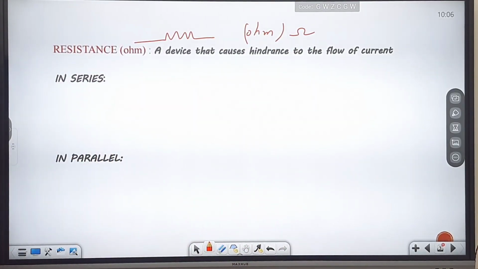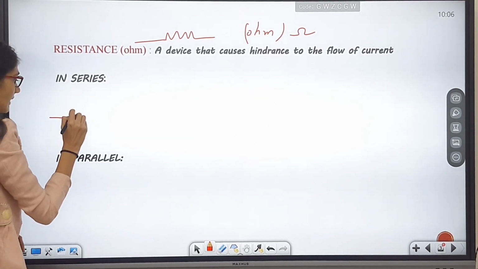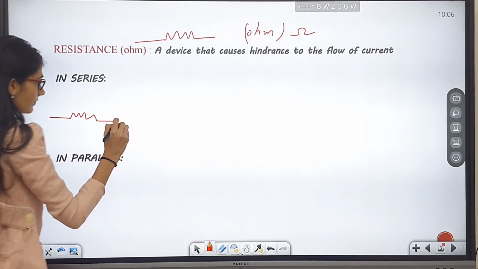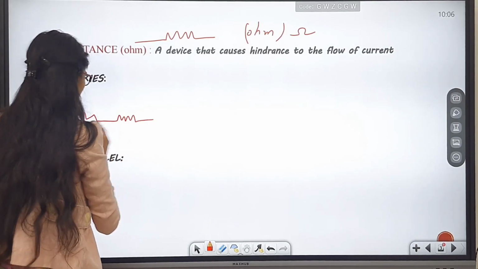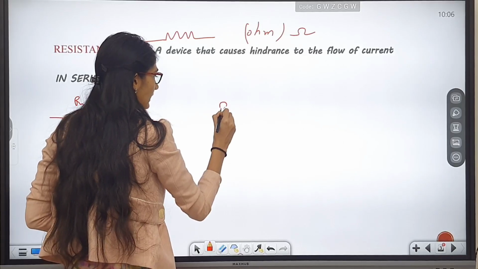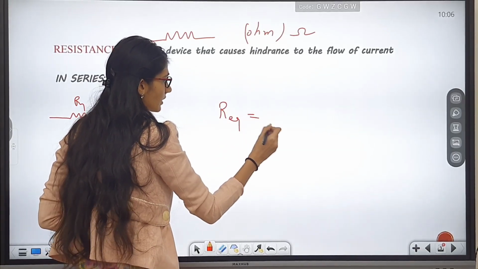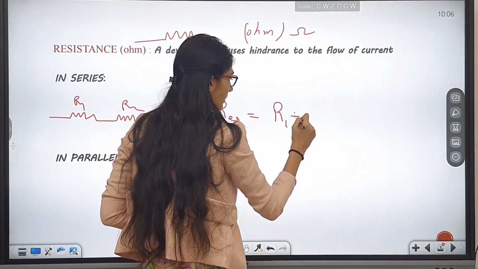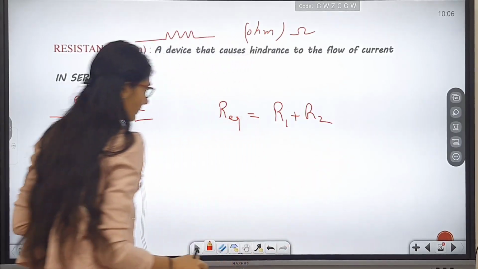When two or more resistances are in series, this is R1, this is R2, then the net resistance of the circuit will be equal to R1 plus R2.